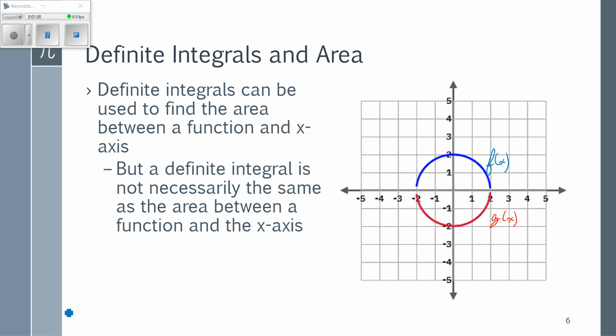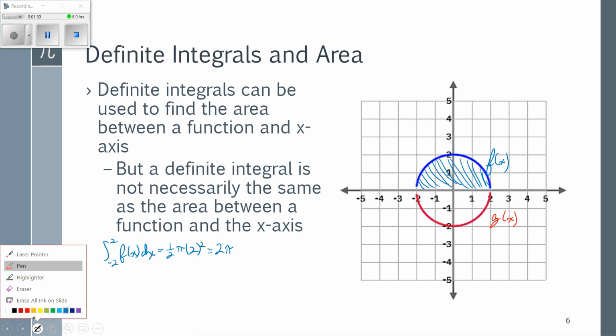So if I wanted to know the integral from -2 to 2 of f of x with respect to x, what that's saying is I want to know what is this area between f of x and the x-axis. Well, that's a semicircle with a radius of 2, so it's going to be 1/2 of pi r squared, which is, to simplify, 2 pi.